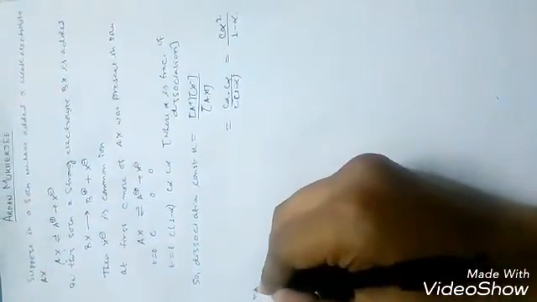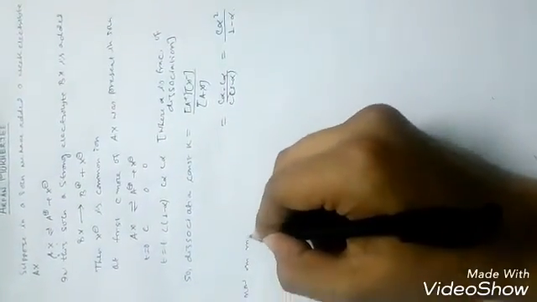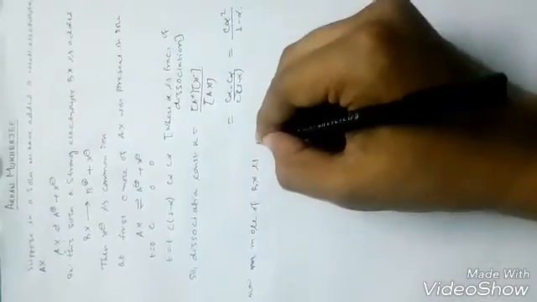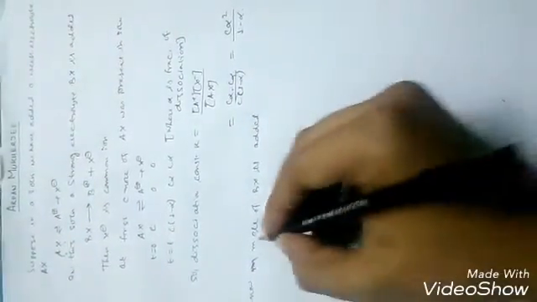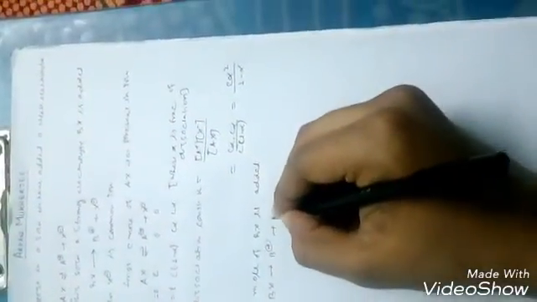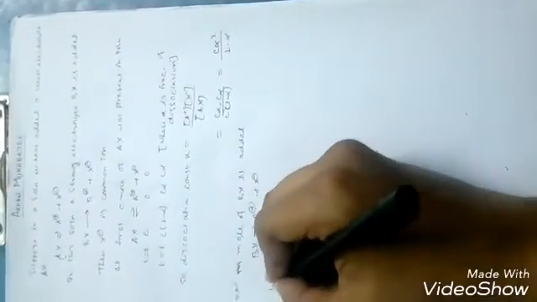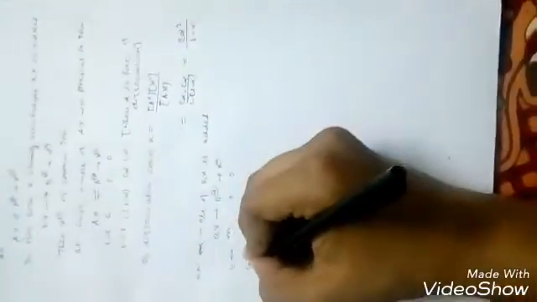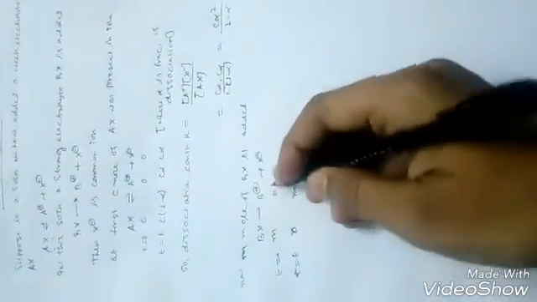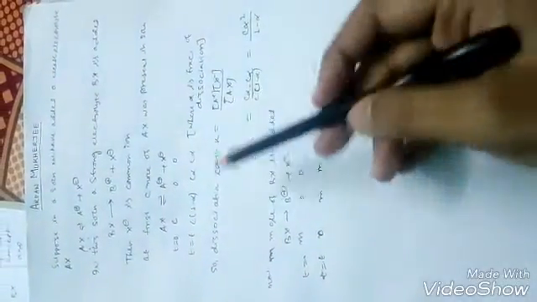Now M mole of BX is added. Writing BX as B plus and X minus, at t equal to 0 it is M, 0, 0, and at t equal to t, as it is totally dissociated, it is 0, M, M. Now we are not going to write K for this equation because we need K for AX.